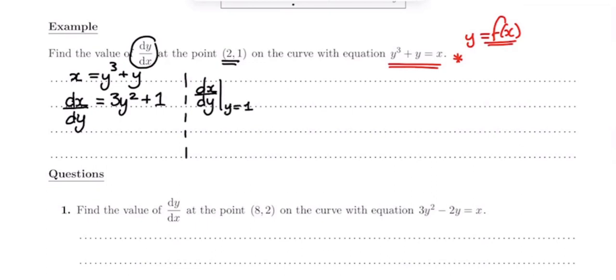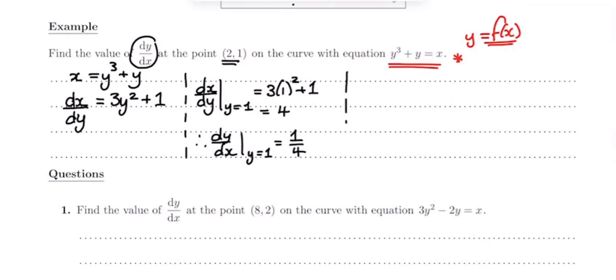Notice your coordinate is 2, 1. So you can put that in, and you get 3 lots of 1 squared plus 1, and that's 4. So therefore, dy/dx when y equals 1 will be a quarter, just reciprocally.